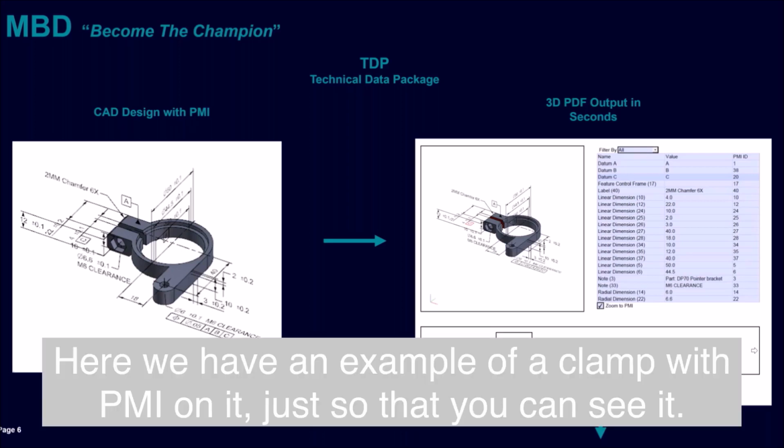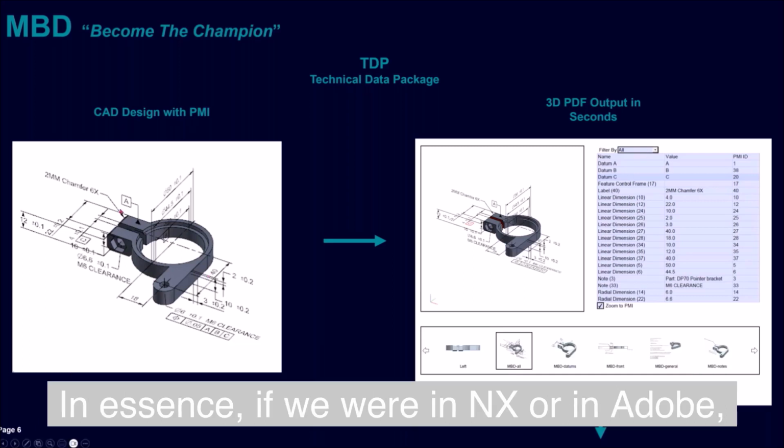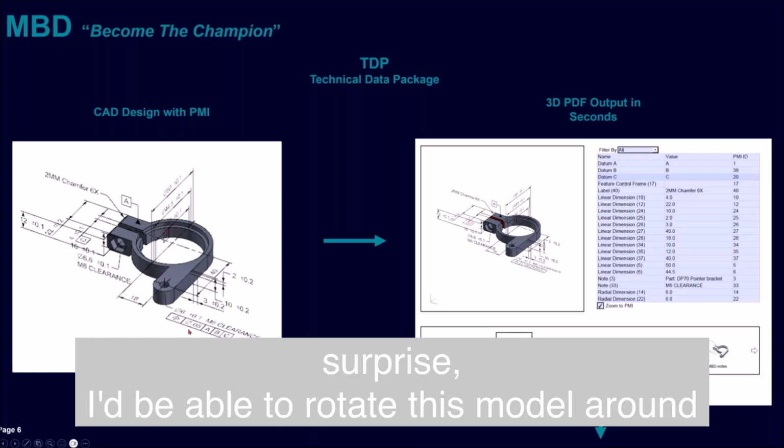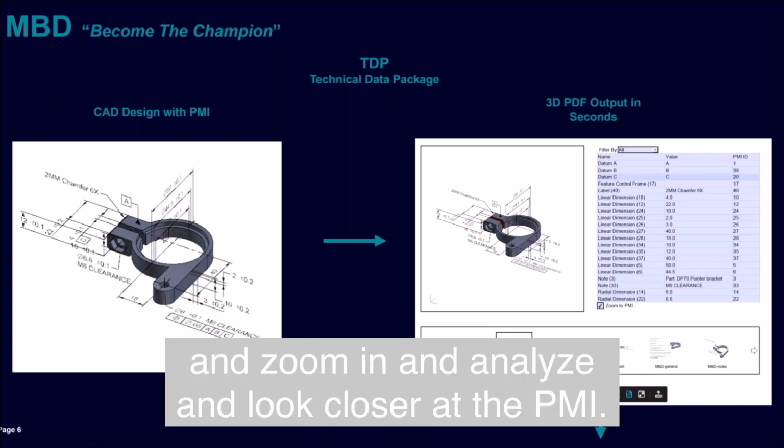So here we have an example of a clamp with PMI on it, just so that you can see it. In essence, if we were in NX or in Adobe, surprise, you'd be able to rotate this model around and zoom in and analyze and look closer at the PMI.